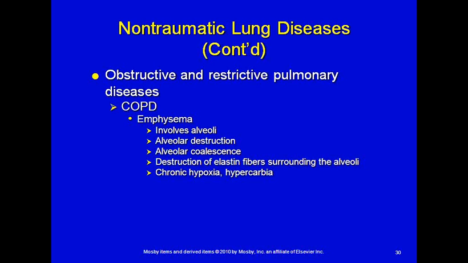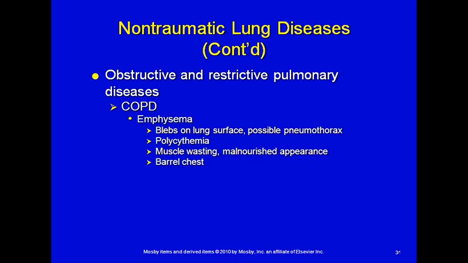So people with emphysema, because of the disease and how it destroys the alveoli, have difficulty getting rid of their CO2 and onloading O2 into the blood, so they're chronically hypercarbic. Emphysema leads to blebs on the lung surface as well from those damaged alveoli, and those blebs certainly can rupture, causing a pneumothorax. Polycythemia is something as well that can occur with emphysema.